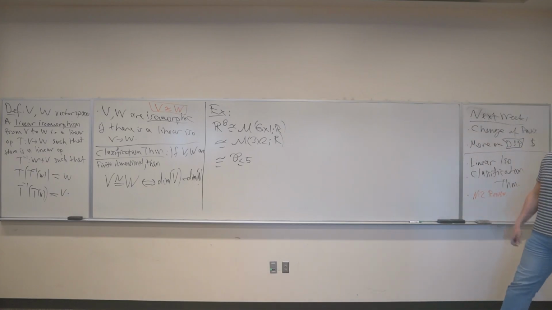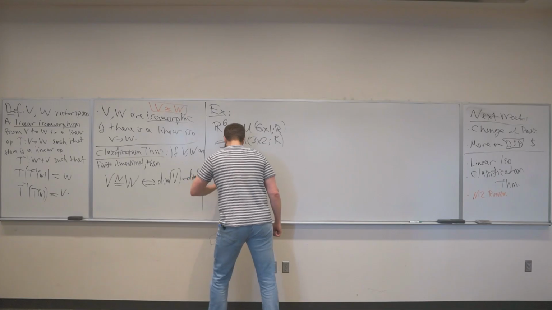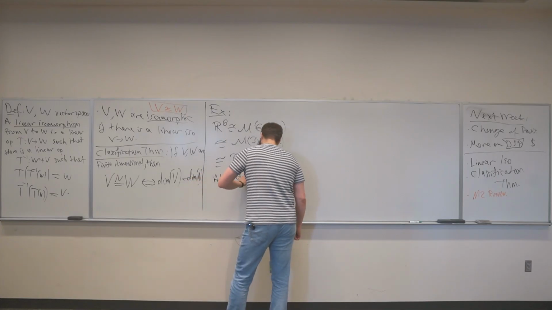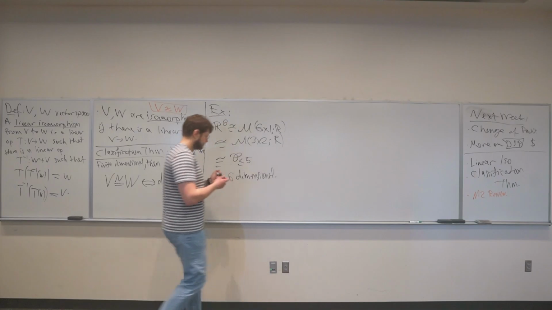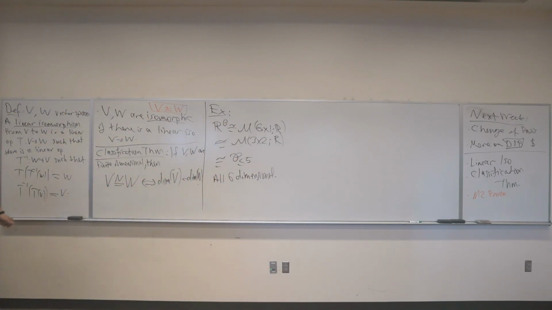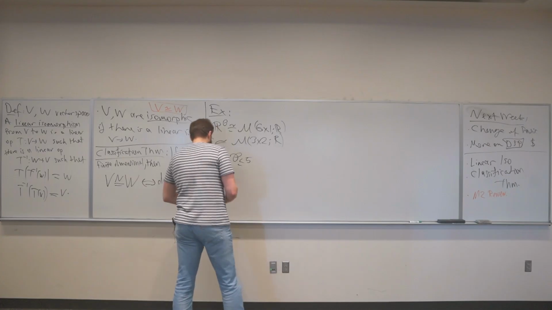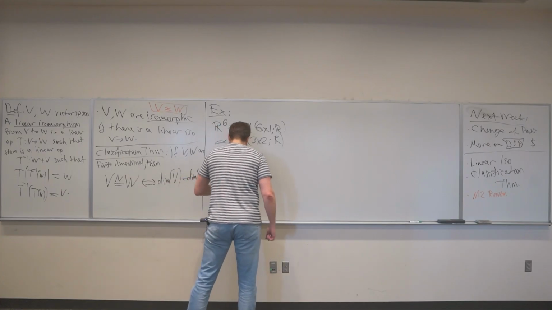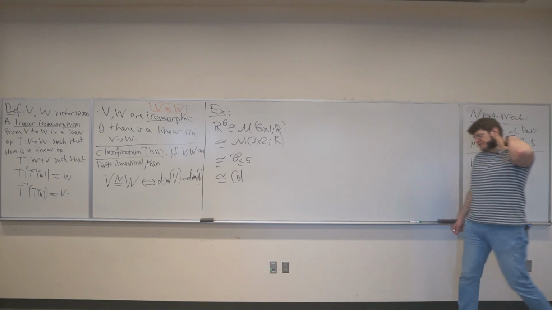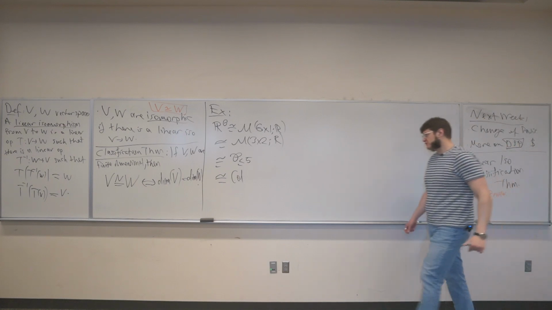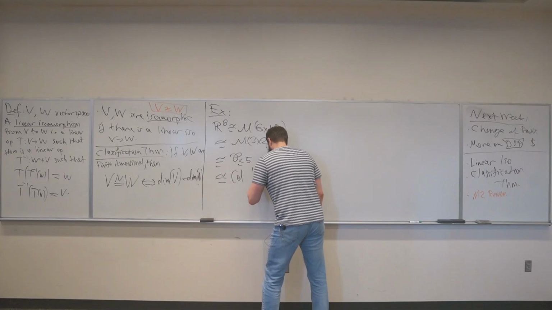These are all 6-dimensional. Let's add one more, perhaps. This is also isomorphic to the column space of a matrix of rank 6.